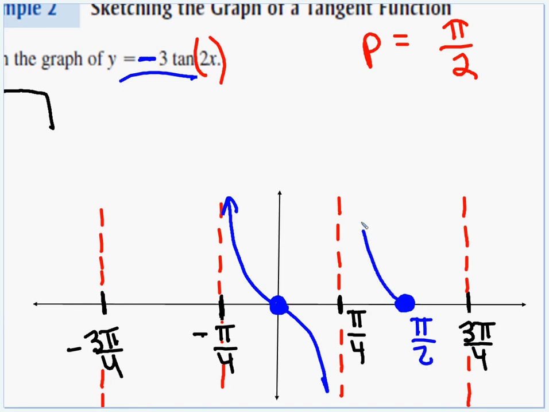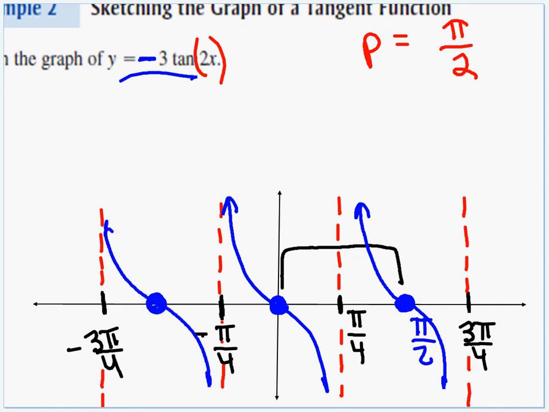And I could point out here the jump between any two vertical asymptotes is the period, and that's the same jump. Let me see if this is going to work. So here's the jump between two vertical asymptotes. That's also going to be the jump between any two x-intercepts. So if I've got one at 0, I've got one at half pi. If I've got one here at 0, I'll have one at negative half pi, and that one will also go up to the left and down to the right. So there are 3 cycles of negative 3 tan of 2x.